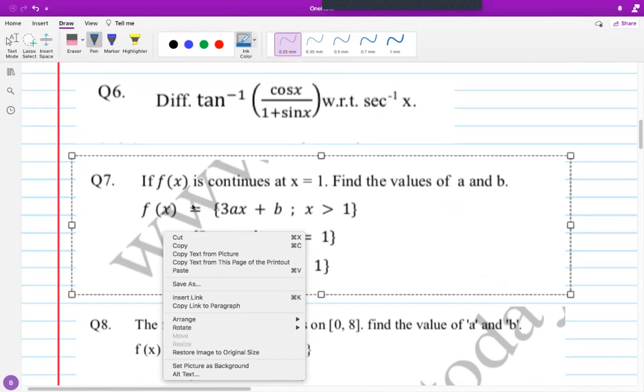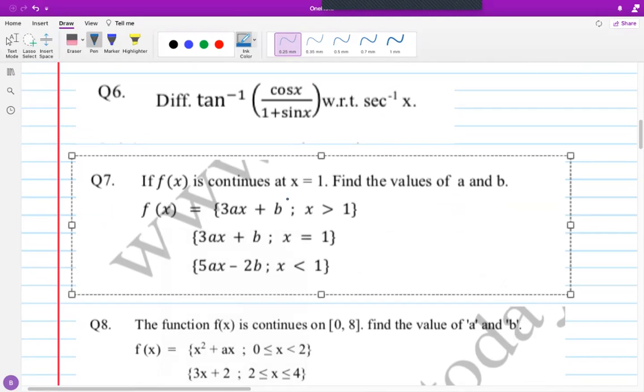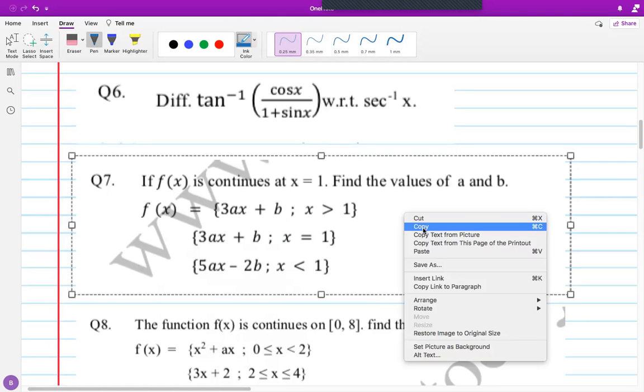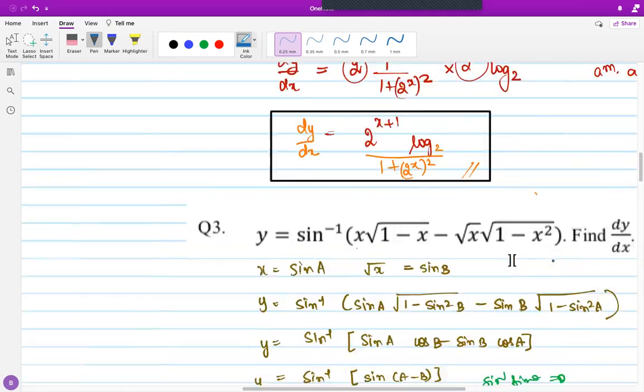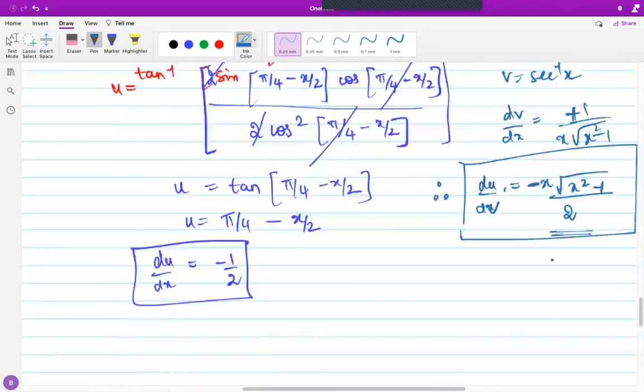This is very easy. I'm not going to do it. Everyone has done it. So the answer is, I can say that f of x is continuous at x equal to 1. Let me copy down the question.